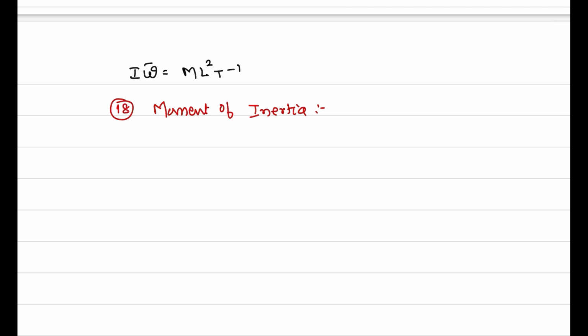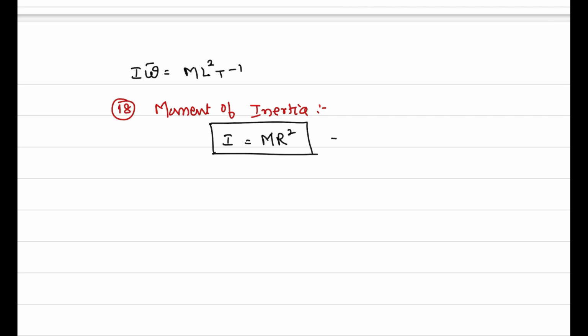Moment of inertia I is equal to m r square. Your dimensions are m L square. M is the mass and r square is the distance. I think we will stop here.